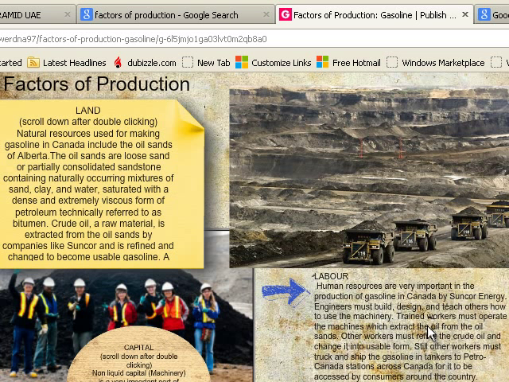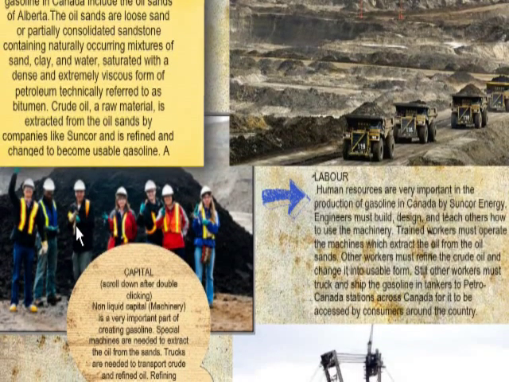Then if we go to labor, on this image, labor means the people, the workers and engineers who are working in these coal mines. On the right side it is mentioned that human resources are very important in the production of gasoline in Canada.